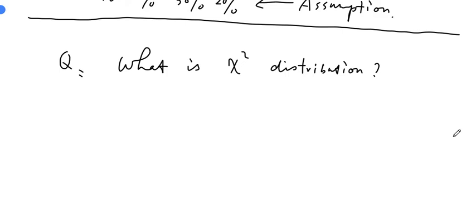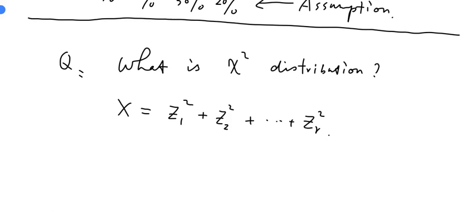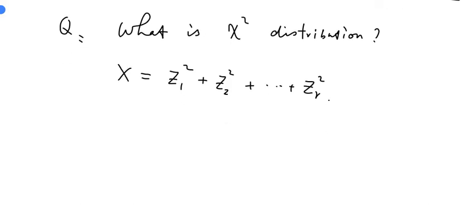Let's say we have x equal to z1 squared plus z2 squared plus up to zr squared. Then this x follows the chi-square distribution.